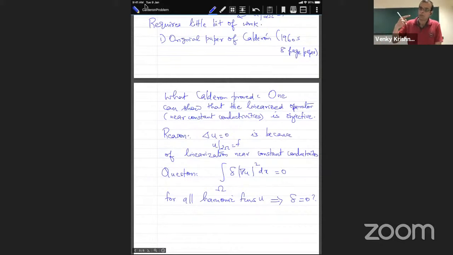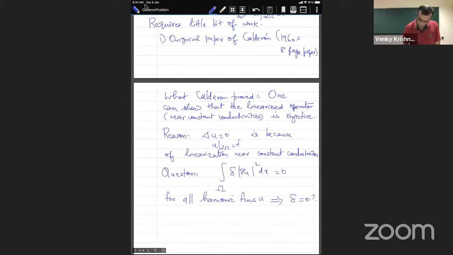Let's say you want to solve the fully nonlinear problem, then you also need to show that there are enough solutions to the conductivity equation which also vanish on that part of the boundary. Those are going to be significantly more difficult to construct. So that is a difficulty in partial data inverse problems.